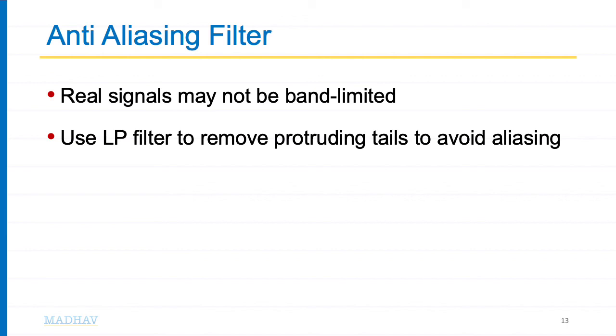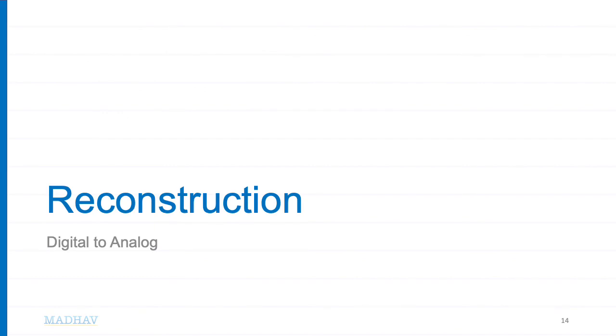So this is how we do the sampling, and then you do the DSP on the digital signal which you have obtained, and now you have to reconstruct it back to analog so that you can play it with your speakers, or do the real world stuff in the analog domain.